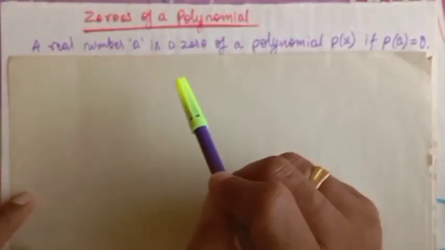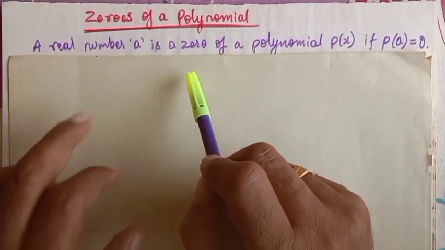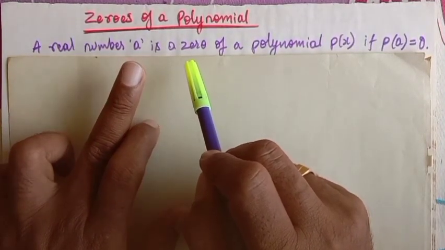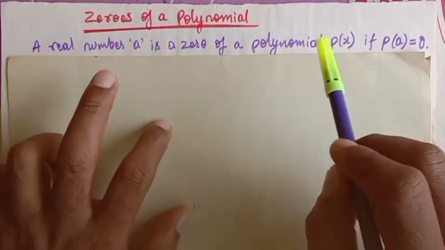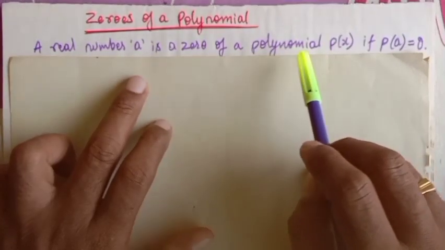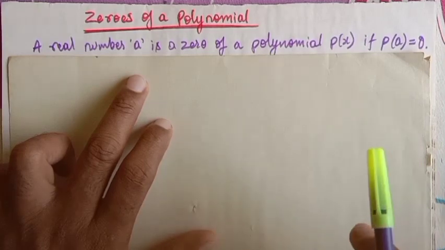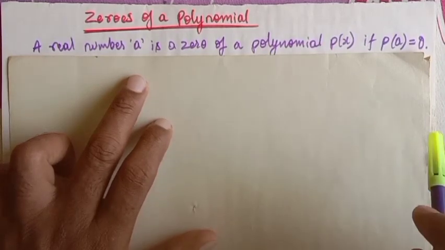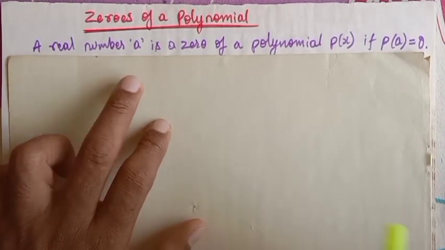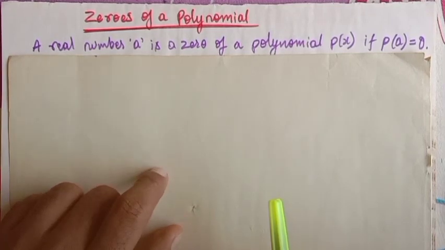We should remember here, if a real number a is substituted in a polynomial and the polynomial doesn't equal 0, then it is not a 0 of the polynomial.